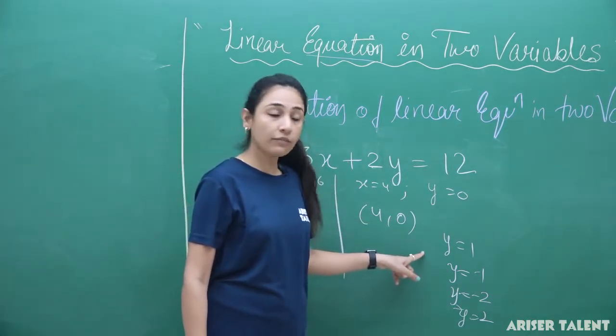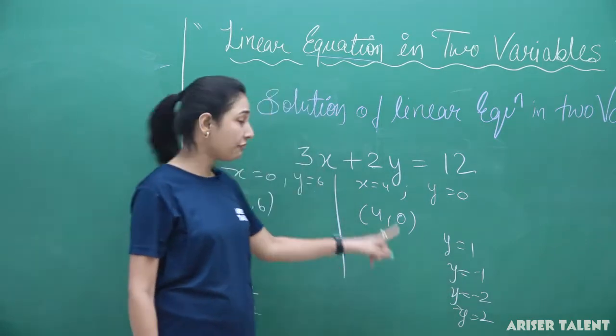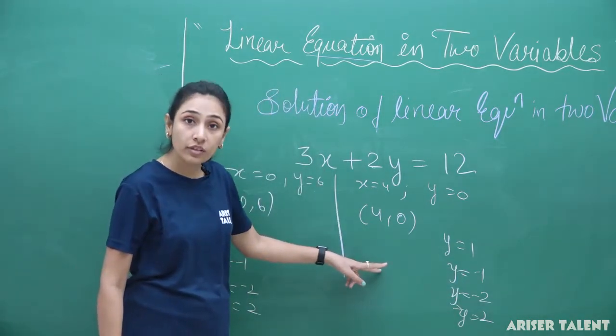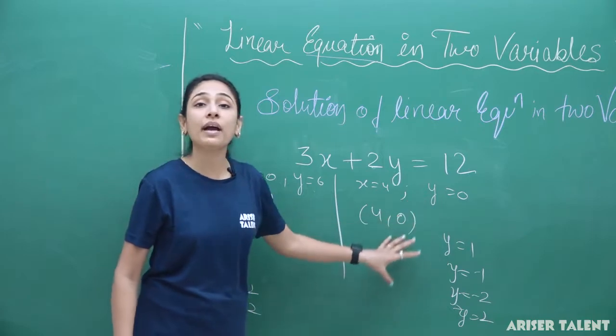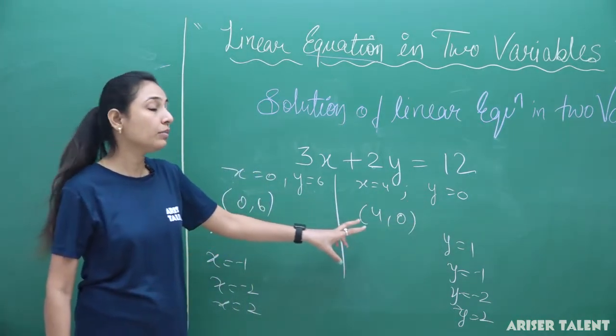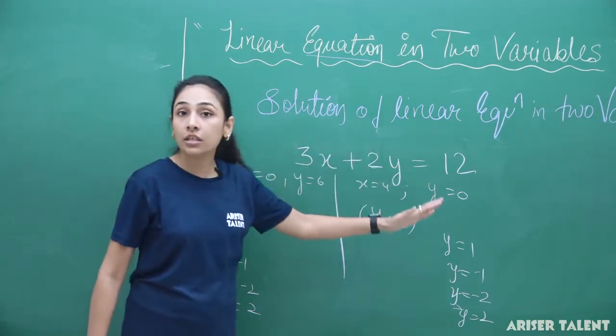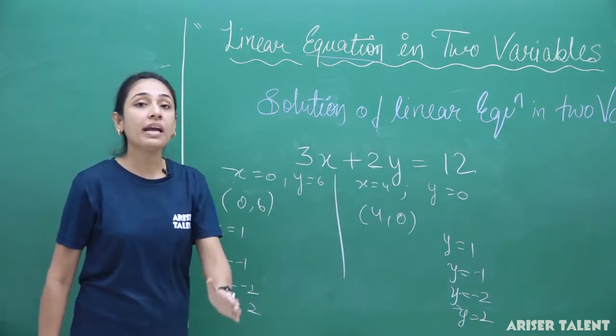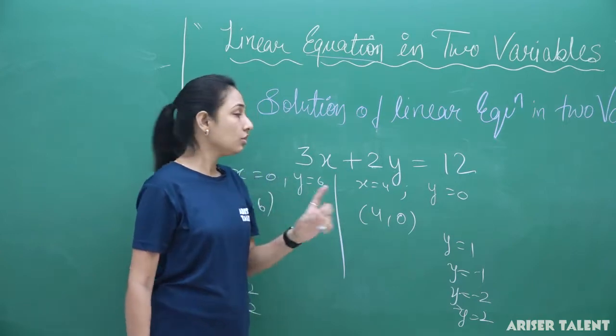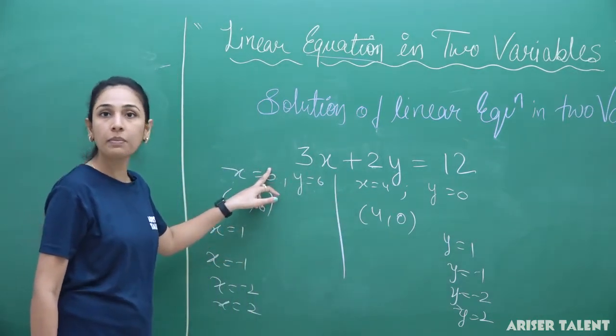In this case again, for infinite values of y, you'll get infinite values of x, and there will also be infinitely many solutions for the same equation. That means an equation may have infinitely many solutions.